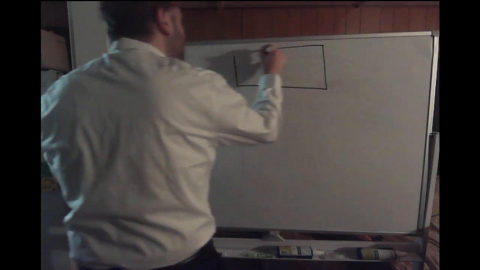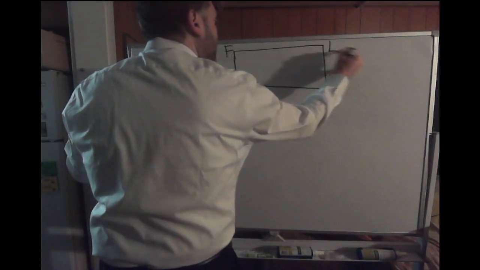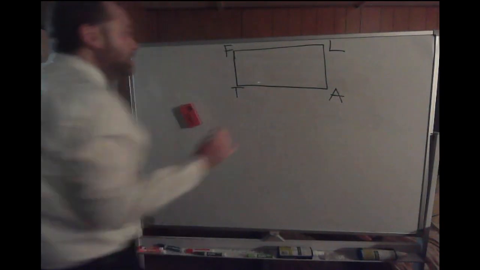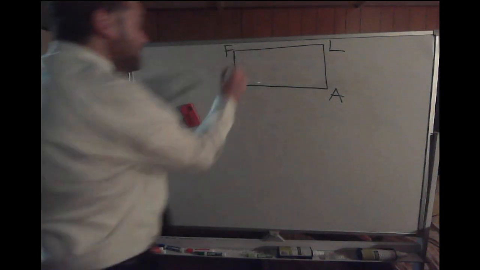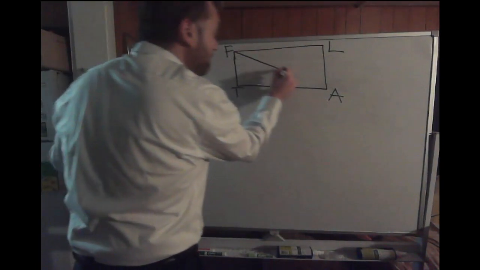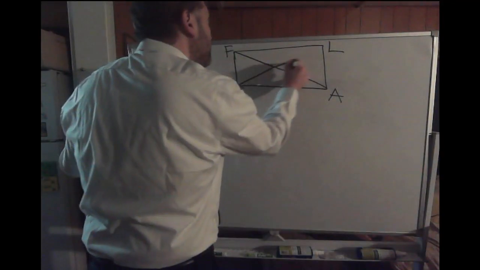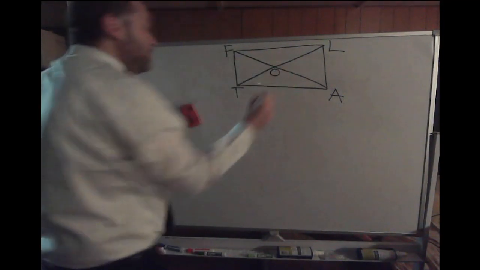Yeah, let's draw that a little bit bigger. Here we go. We got FLAT. We got diagonals. This is at point O.